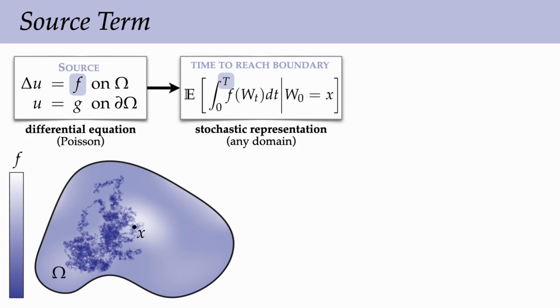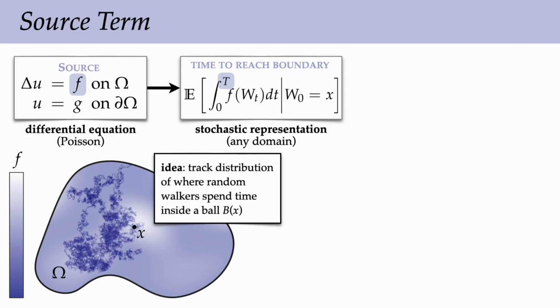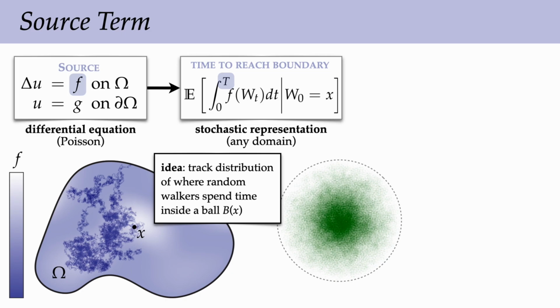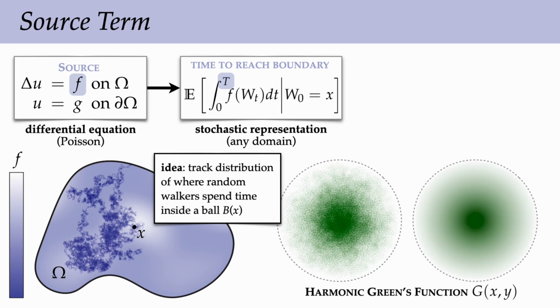Well, we can again just think about one of our balls and ask, where does the particle spend time while wandering around inside this ball? So you can imagine a bunch of random walkers that sort of leave trails of where they go. And if we average this picture over a very long time, what we get is something that eventually looks like the harmonic Green's function for a ball, which we know in closed form.